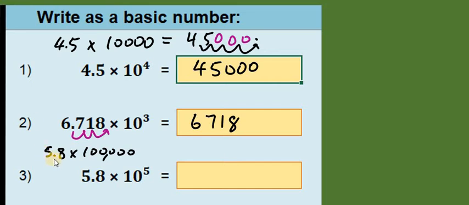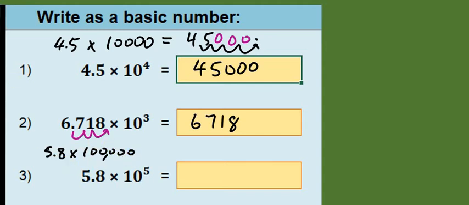So when you shift it one place to the right, it takes off one of the zeros in a sense. And so we have 58. If you look at this, this would be like 1, 2, 3, 4 zeros, like 58 times 10,000, right? So that's 580,000.